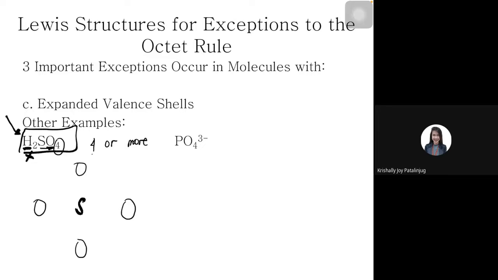If it is 4 or more electronegative surrounding atoms, take note that these four or more electronegative atoms should be the ones that are directly attached to the central. Okay? So, yung hydrogen dito should be the superficial na mga atom. Superficial meaning talagang nasa pinaka-external or pinakalabas ng molecule.